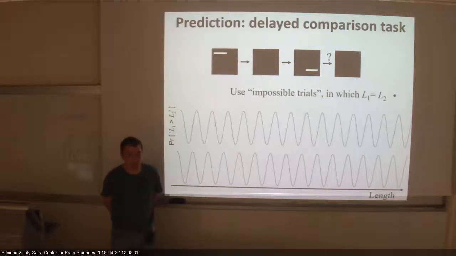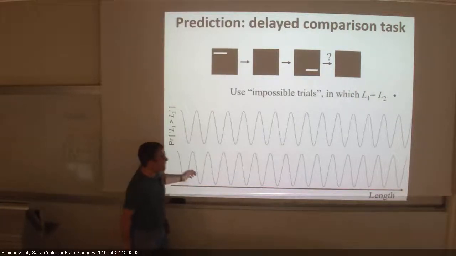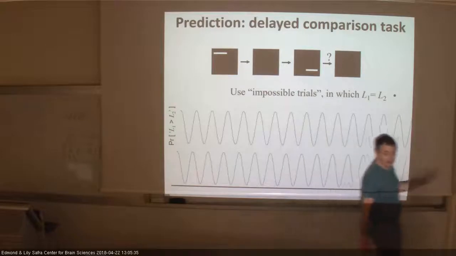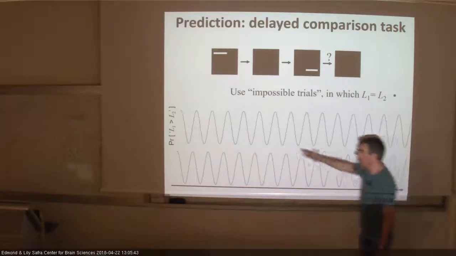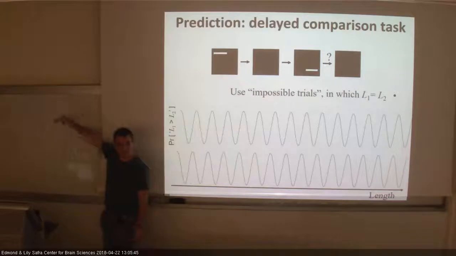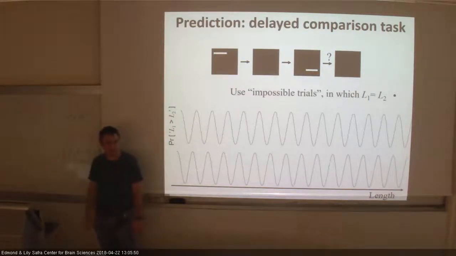So that would be one way of testing it. The idea would be, let's say that we have a fixed point here. We expect that the longer the wait between the stimuli, the further the memory will drift, and then the further up the point will go. This would be one way of testing it.